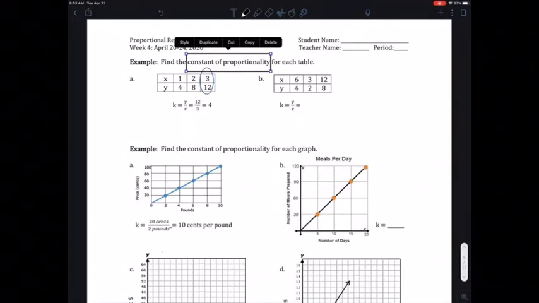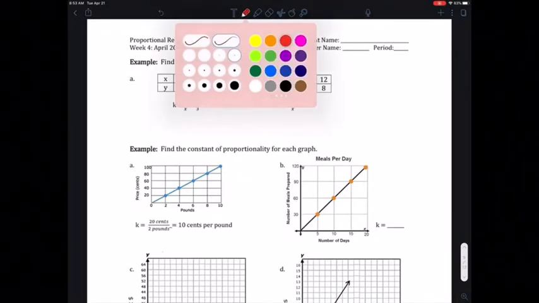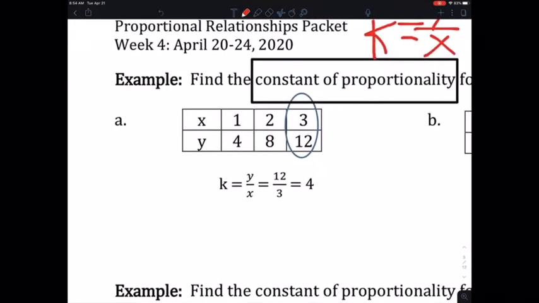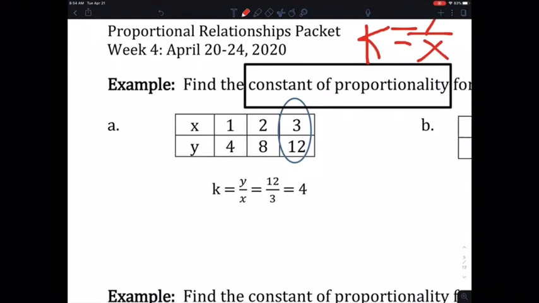So anyways, constant proportionality. If we look back at our formula charts, we know that to get the constant of proportionality, that's the same thing as saying k equals y over x. Okay, we zoom in here. Let's look at example A. Here in example A, they're specifically telling you to use these two numbers right here.